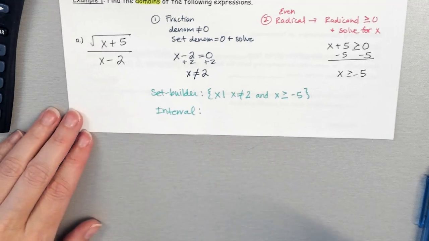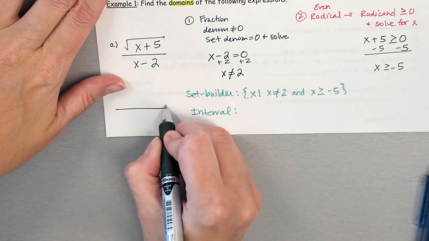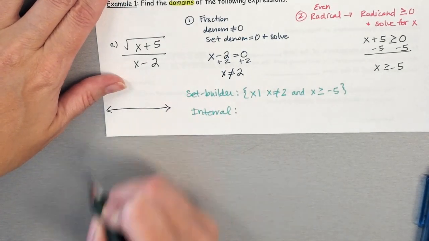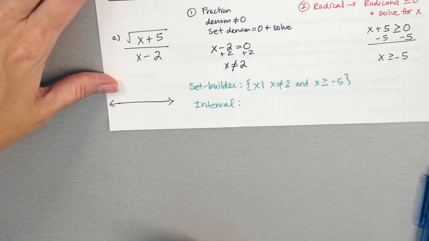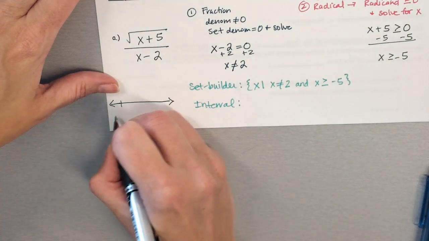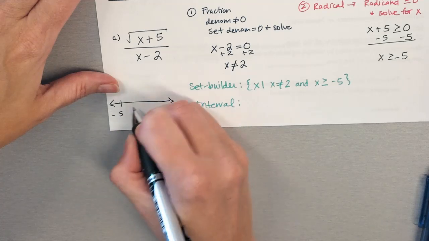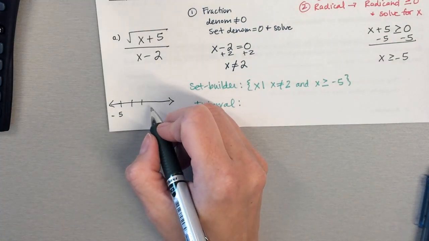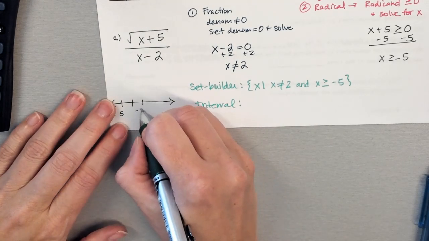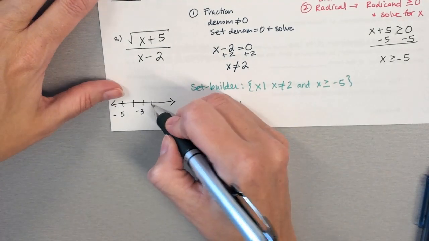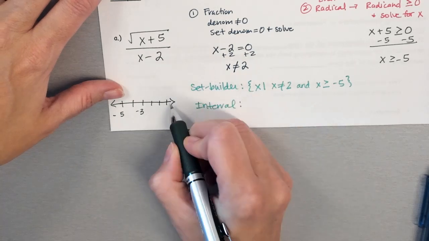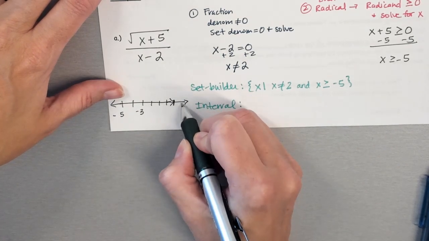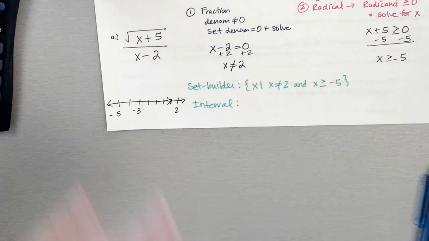So if you are thinking of this on a number line, it says x is greater than negative 5. So you have negative 5, negative 4, negative 3, negative 2, negative 1, 0, 1, 2.